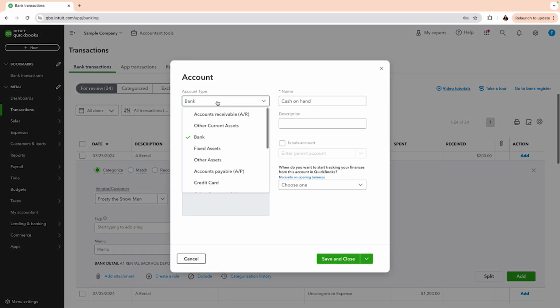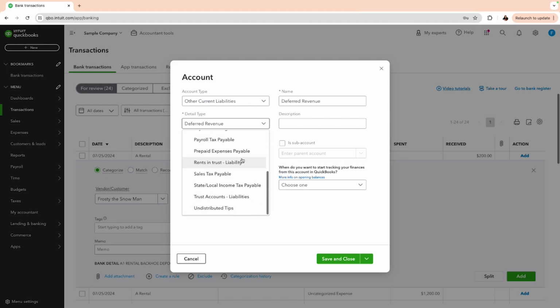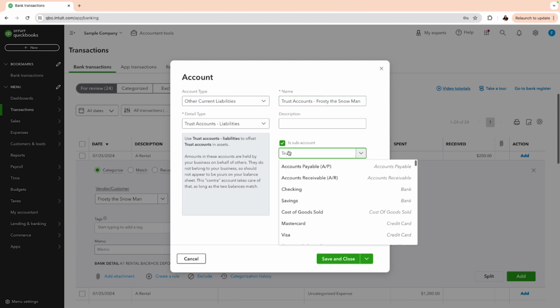In the account type, we're going to select Other Current Liability and click on the arrow on the second, and let's choose Trust Account Liabilities, and I'm going to put the name Frosty the Snowman. And it's a sub account from the trust liability.